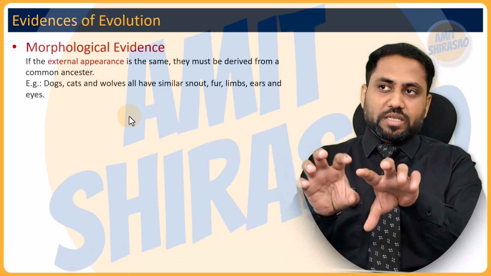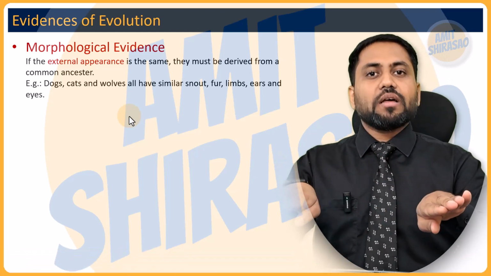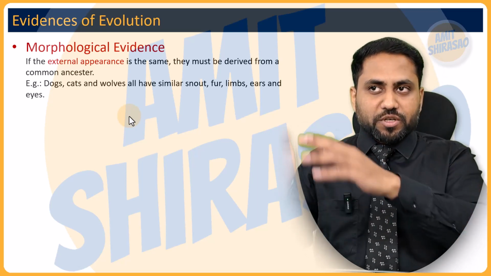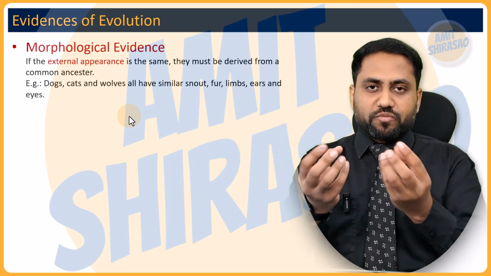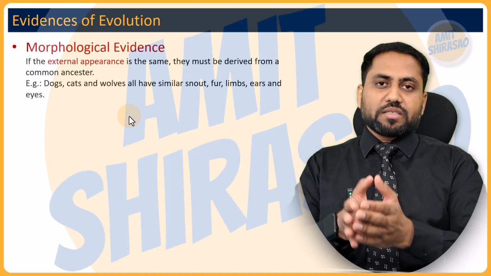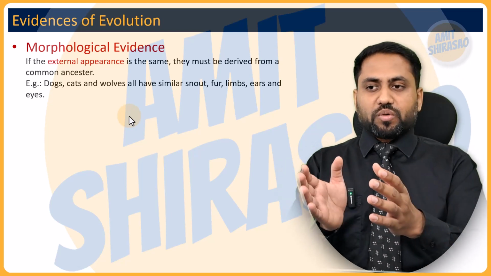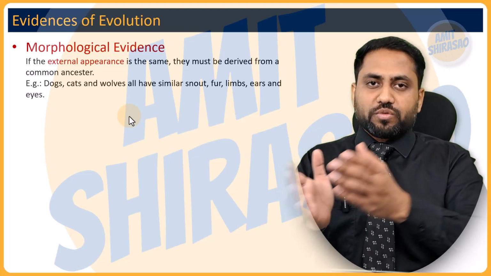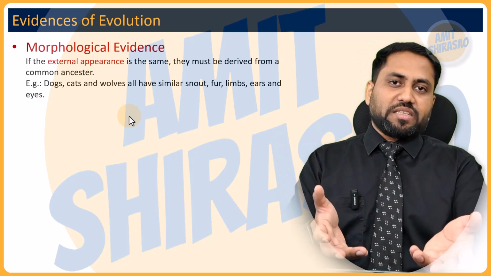Since there is reproductive isolation, these species developed into different species. Maybe it could be a single ancestor, but that one ancestral species got evolved into 2 different species, dogs and cats.